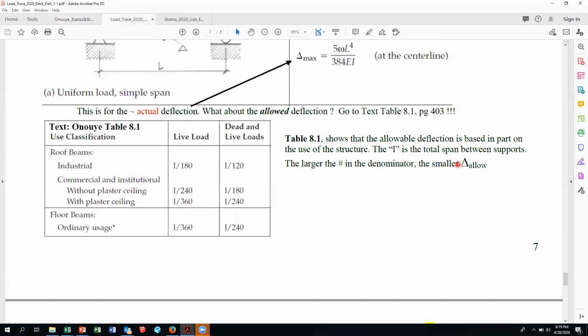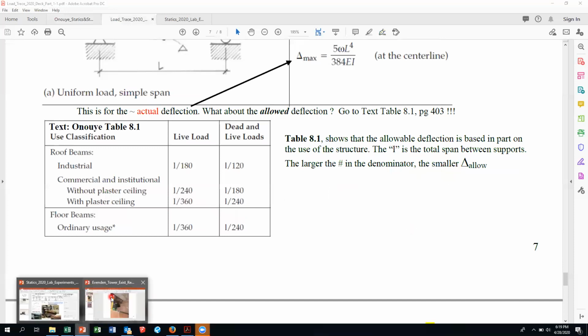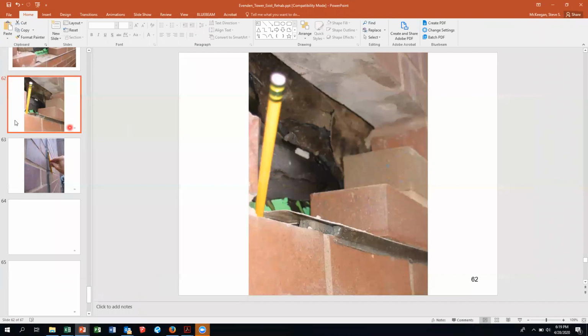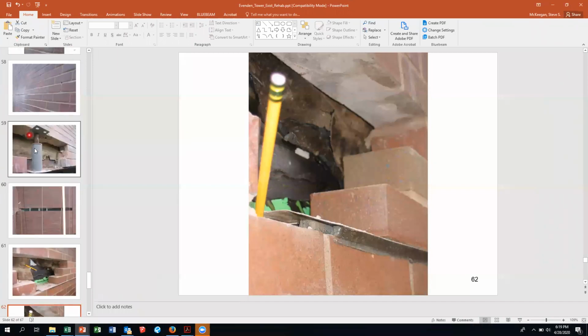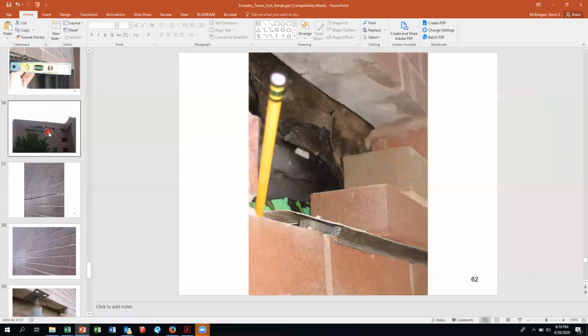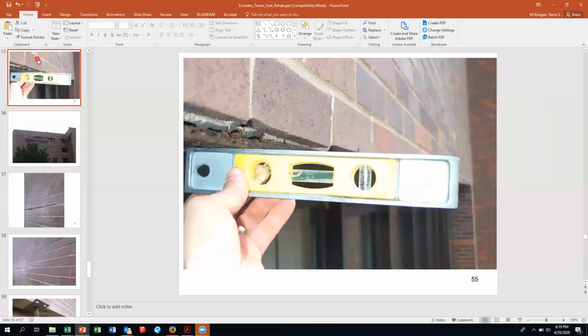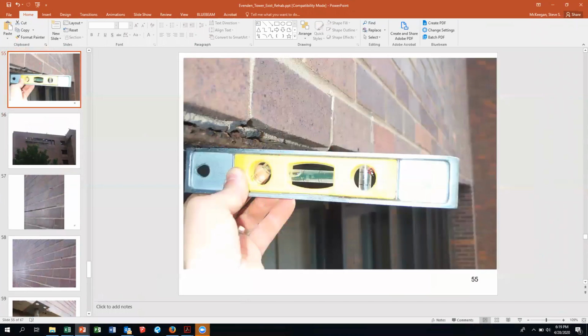And if you think about it, those steel angles that support the brick in Evenden, those are going to have a certain allowable deflection. That's probably going to govern. Okay. So that's a good example.